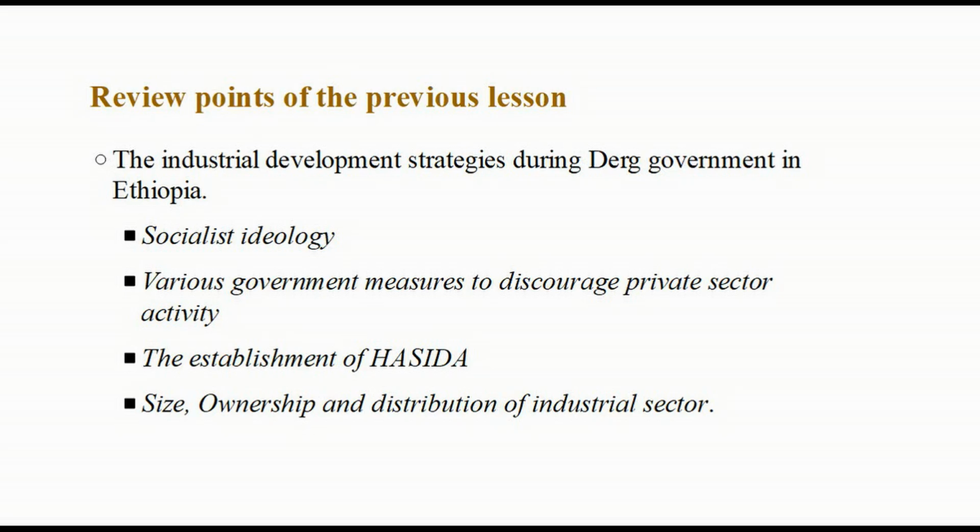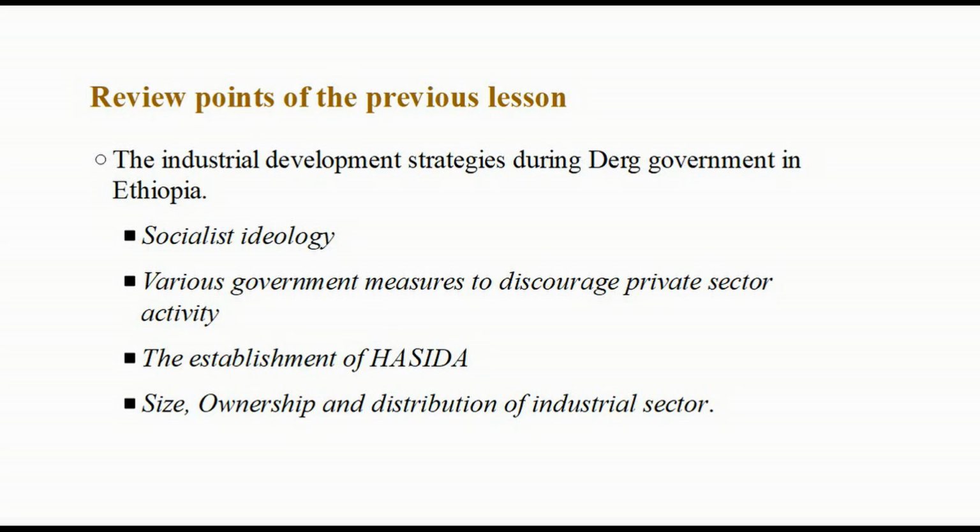Public enterprises and cooperatives were the ones favored by the government. This was the overall activity taken by the government after the fall of the imperial regime. All these measures and policies retarded the expansion of the manufacturing sector during the military government, particularly by paralyzing the private sector.